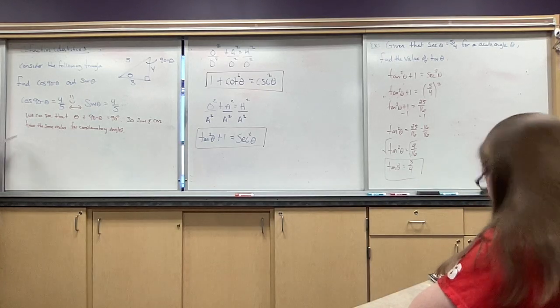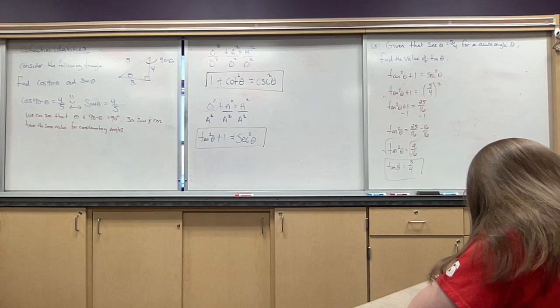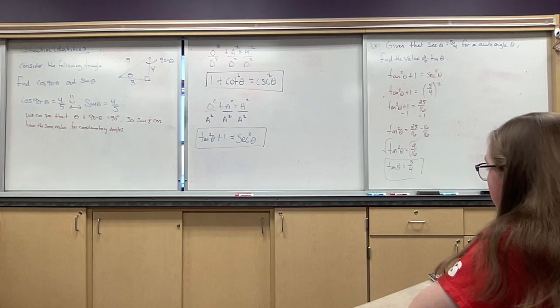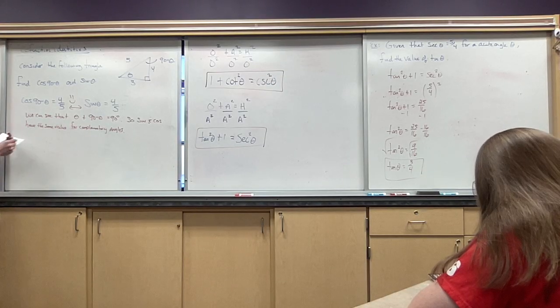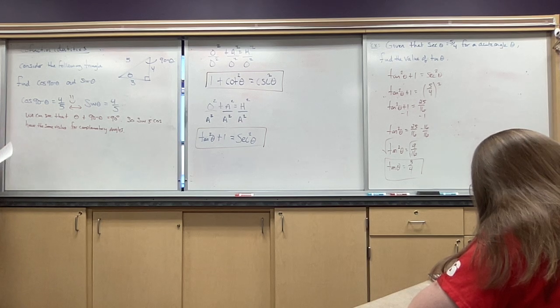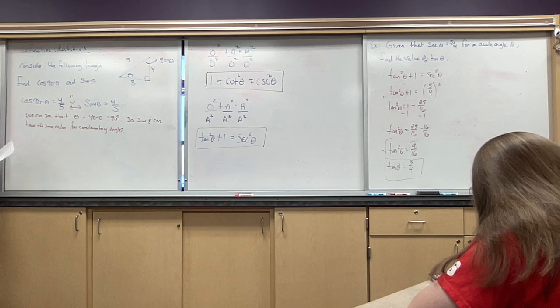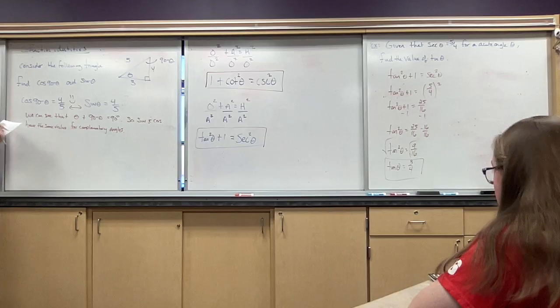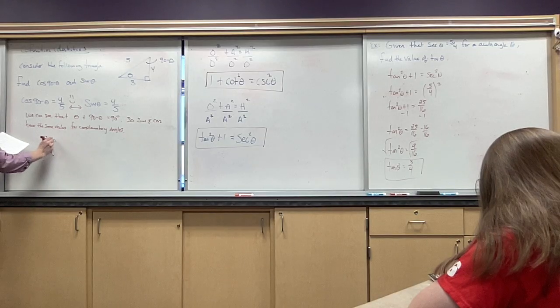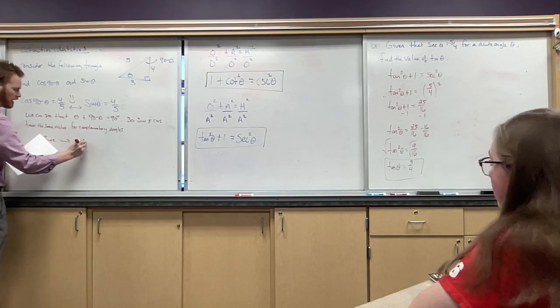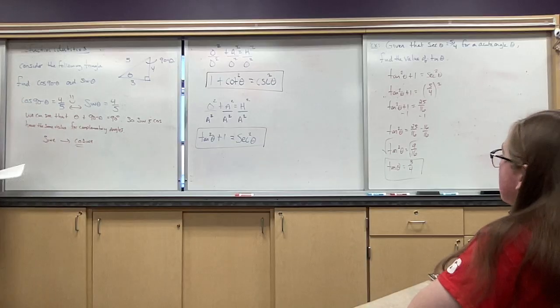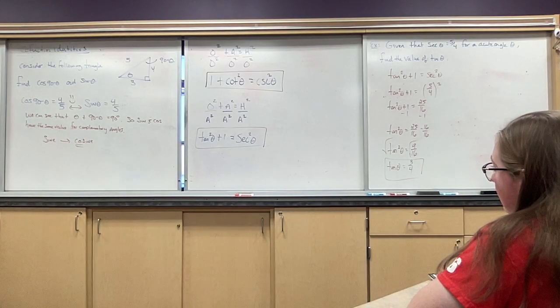Now, this isn't the only thing, okay? If we take a look at the other trig functions, they actually behave very similarly to it. And the cool part is the names of these trig functions kind of tell you what goes together. So for instance, sine and cosine. So think about it. Cosine has the word sine in it, right?